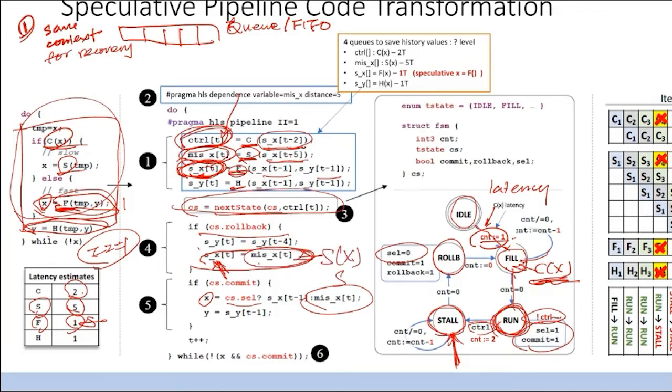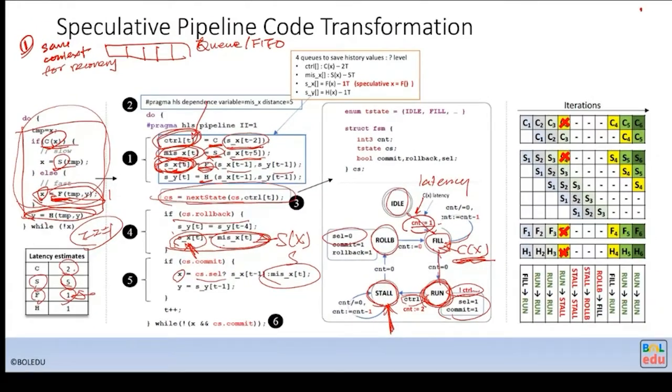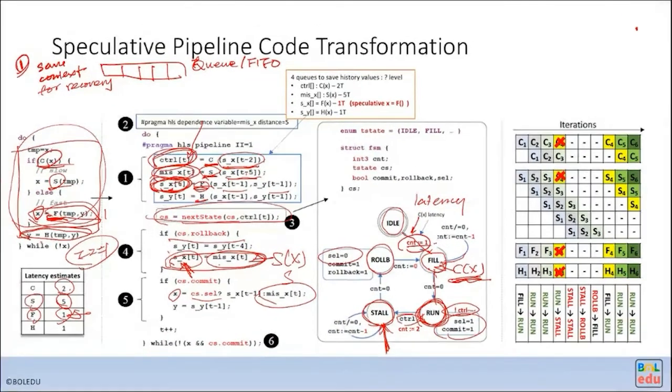Basically you change the context, restoring it with the S function data. That's what happens when you run the pipeline with this code.